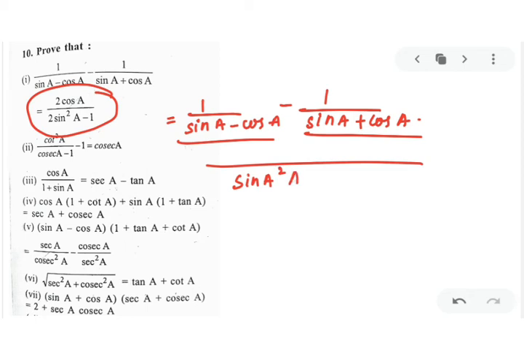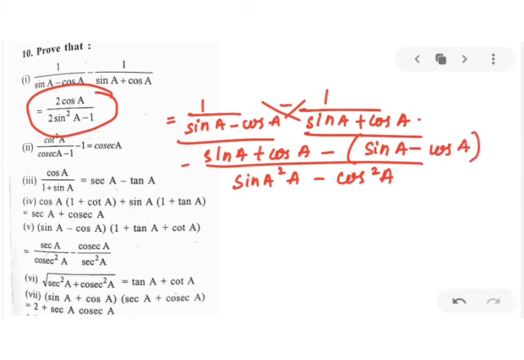So can I write sin² A - cos² A? When you multiply, you have an identity (A + B)(A - B) will become A² - B². Similarly, (sin A + cos A) and (sin A - cos A) will become sin² A - cos² A, and up it will be cross multiplied so that it is (sin A + cos A) minus bracket (sin A - cos A).